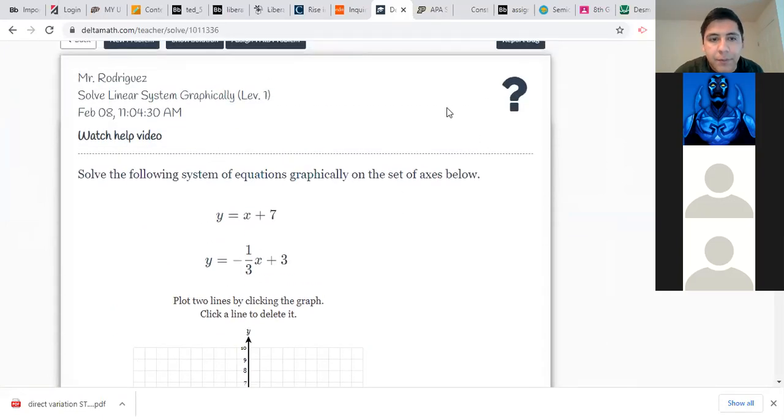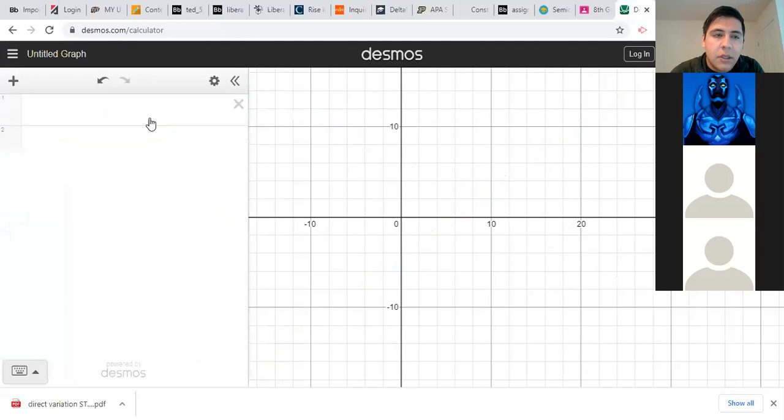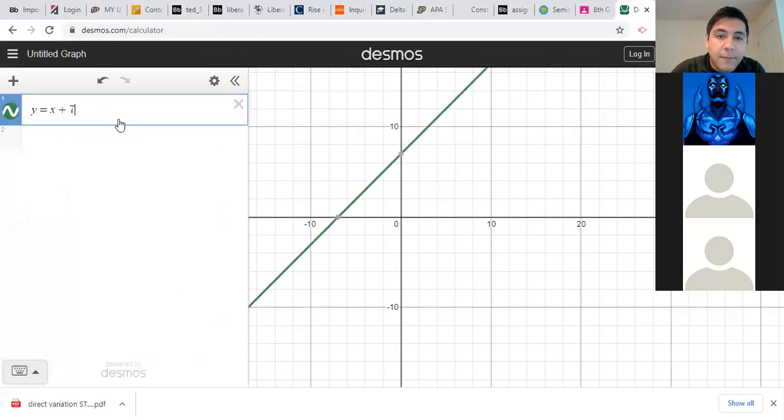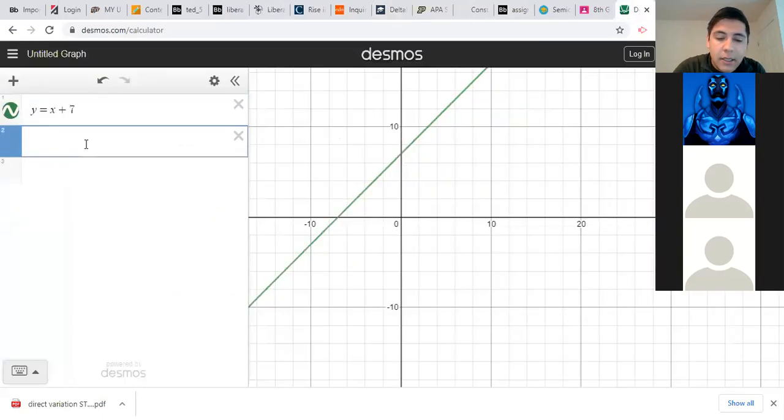And that would be our solution. So let's start with y is equal to x plus 7. And again, you can come up here to decimals. And then y is equal to -1/3 x plus 3.